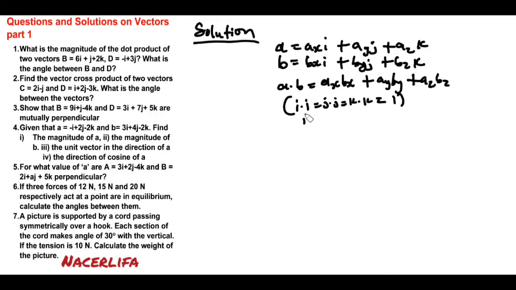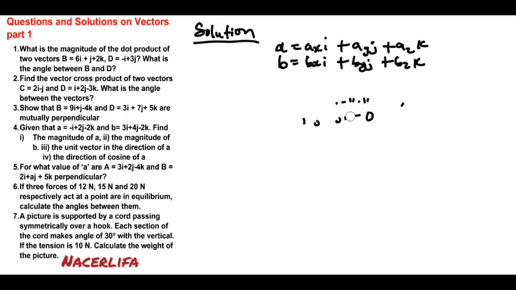But if you are to dot i to j or j to k, you get what? 0. So this is what we shall be employing to solve this problem. So if we are to check this now, let's see how it goes. So to do this, I'm going to rewrite this.